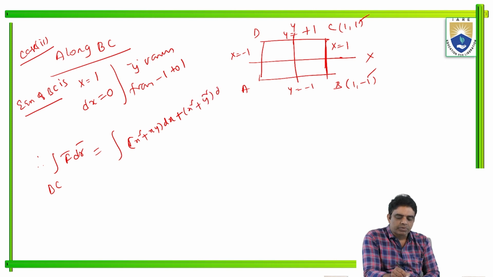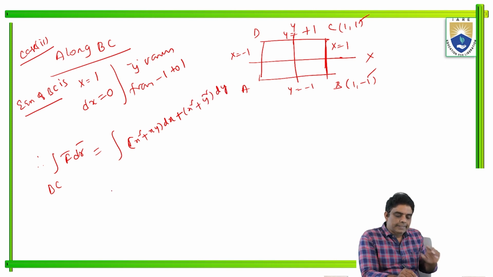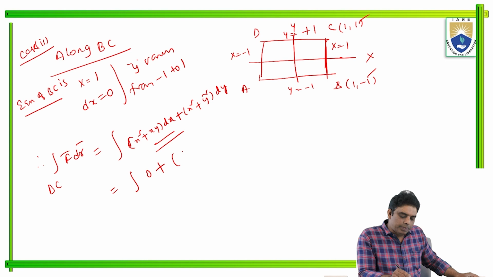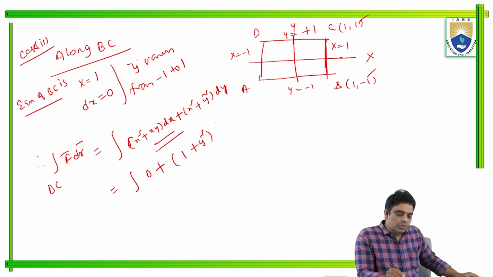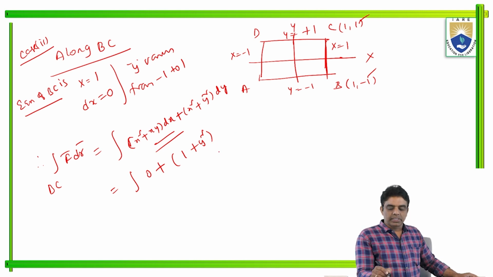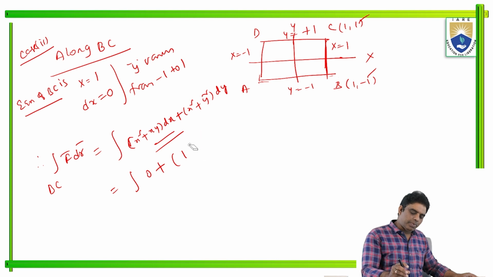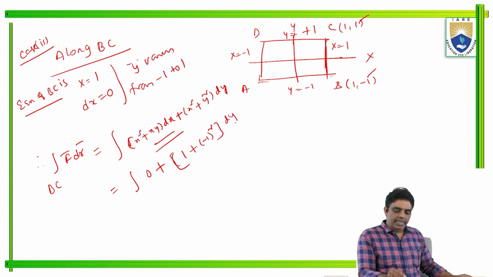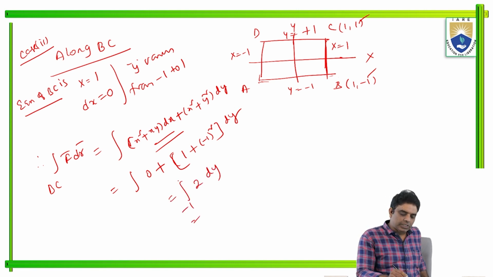And here dx is 0, that means the entire first term is 0. In the second term, I put x equal to 1, so 1 plus y square as it is, and dy as it is. That is equal to the integral of 2 dy between the limits minus 1 to plus 1.